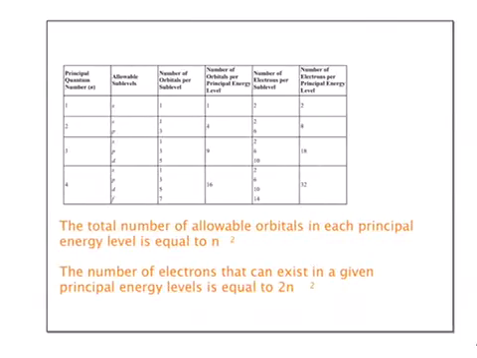So when we look at this all put together in a nice little table, we can see our first quantum number, the principal energy quantum number, N. Then we have the allowable sublevels, and that corresponds to the number of orbitals per sublevel, which is your angular momentum, so the L. And so remember that when there's one orbital, then it's an S, and S equals 0, and P equals 1, D equals 2, and then F equals 3.